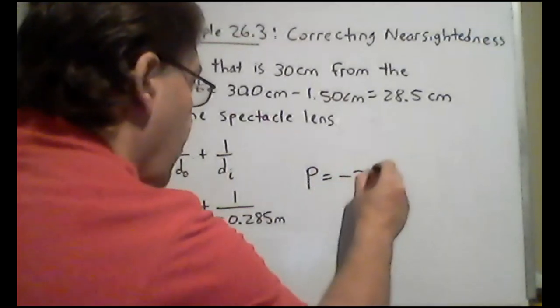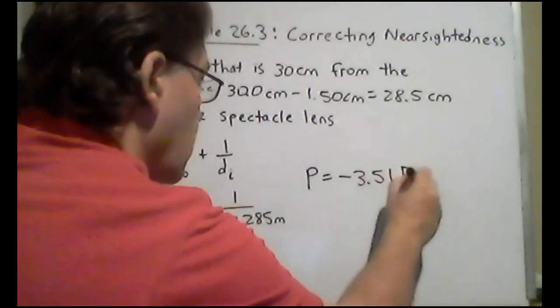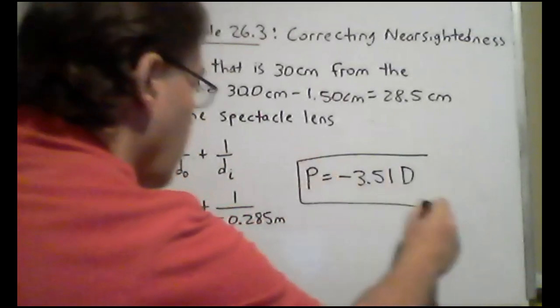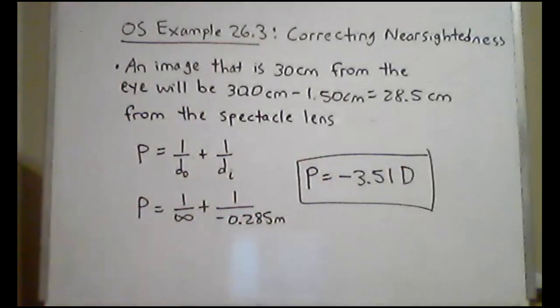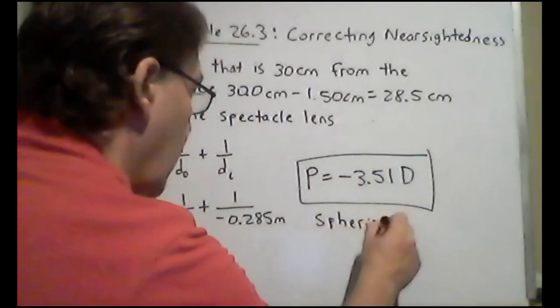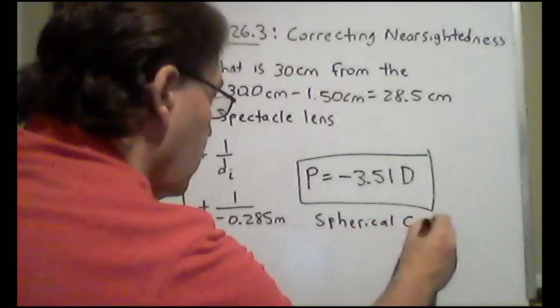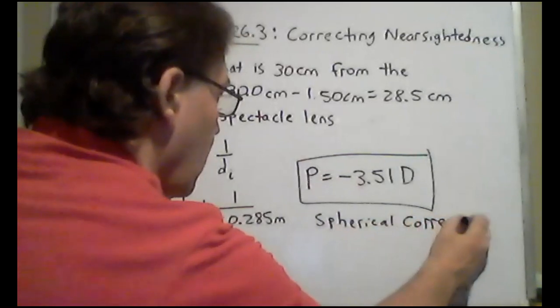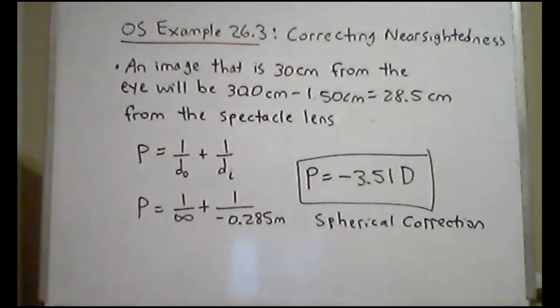When I work this out, I find out that the prescription for this person's glasses needs to be negative 3.51 diopters. Anybody who has nearsightedness, if you look at the spherical correction on your glasses, you'll see it is a negative value. So this person has pretty bad myopia, about negative 3.51 diopters. My myopia took me to about negative 9 and negative 11, if you can believe that.